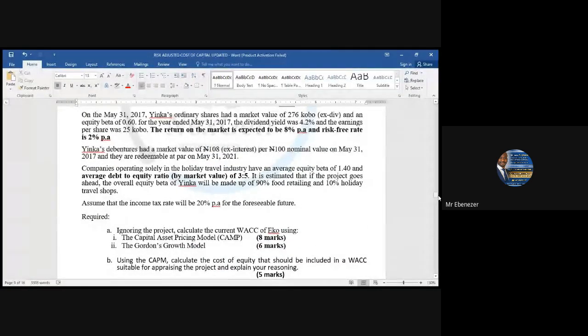So that means we cannot just say, oh, the risk-free rate is this. No, we have to start from the beginning. We have to identify the project company, but they just said a similar company operating solely in that sector. We don't know the name of the company, right?